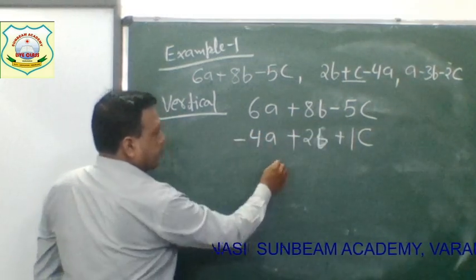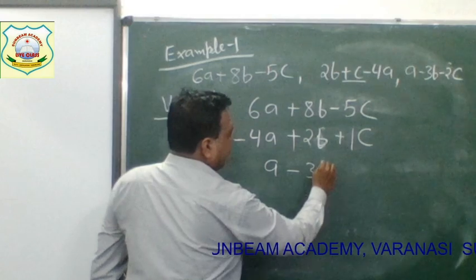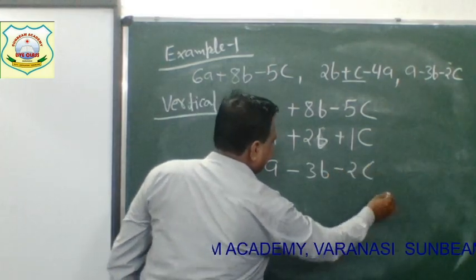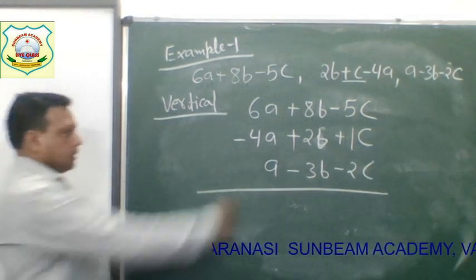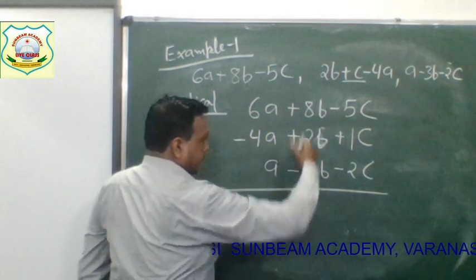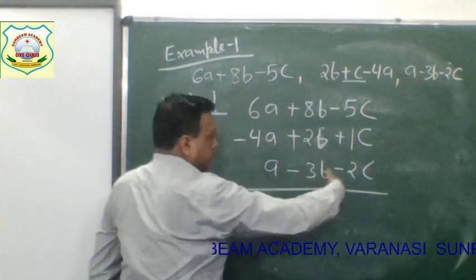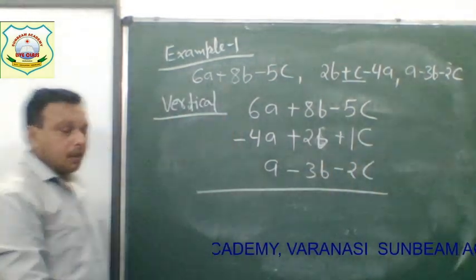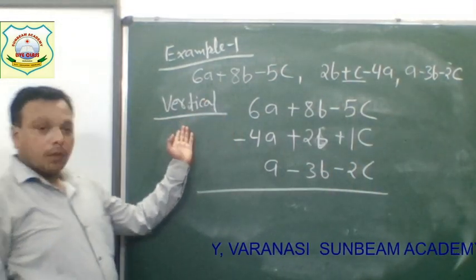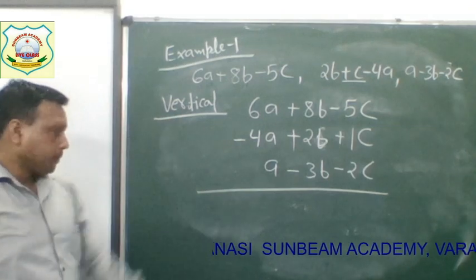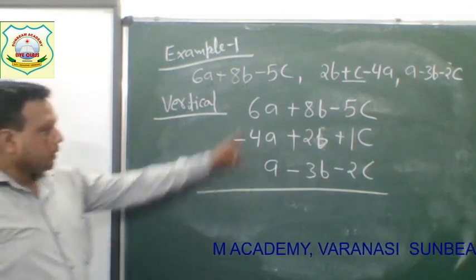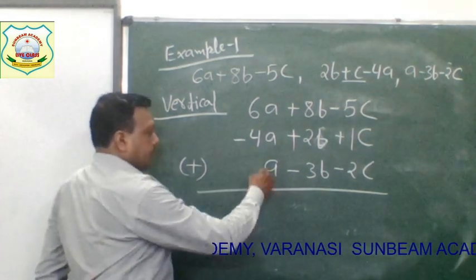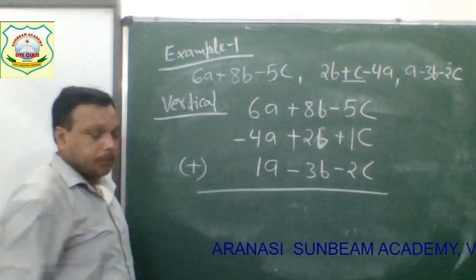Next one, a minus 3b minus 2c. This is the vertical method. This form, if we are writing a, b and c like this, is called the vertical method, vertical form. We want to add that, plus. Here also only a is given, so we will write here 1a.